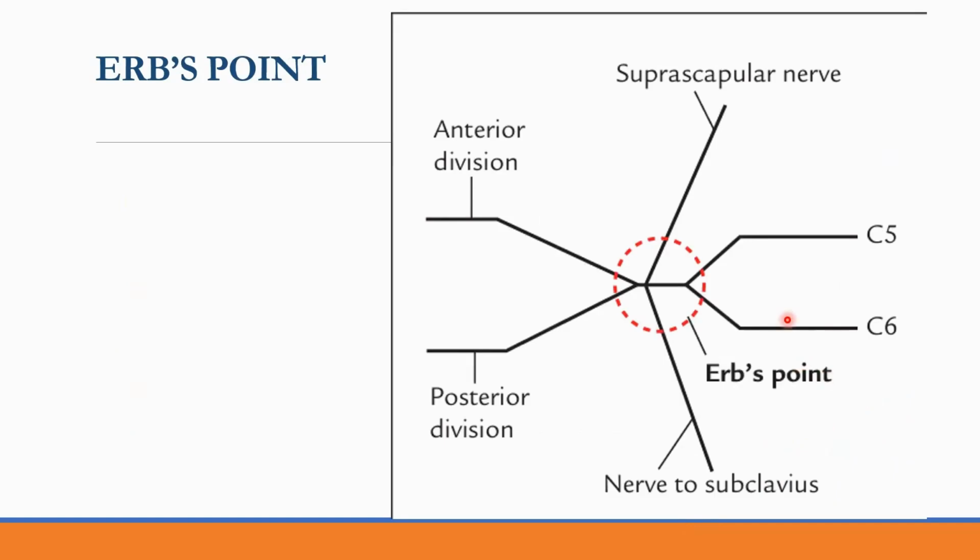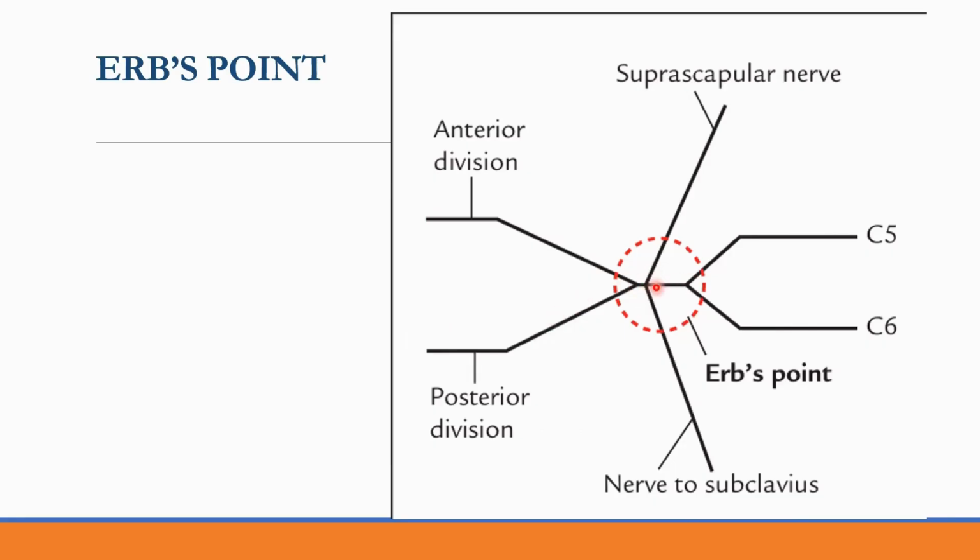So what is Erb's point? Erb's point is a location where the 6 nerves join together. The C5 root and C6 root combine, or they join to form the upper trunk. Each trunk, as we know, is divided into anterior division and posterior division.